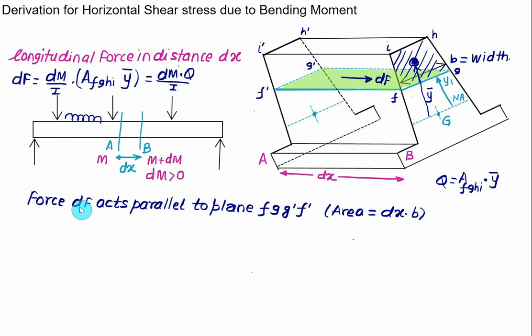So dF is acting parallel to the plane, so that will develop the shear stress. So we have shear stress tau equal to dF divided by this area. Let's substitute here for dF. We have dF equal to dM multiplied by Q divided by I. The area is dx multiplied by b. So I will write b here, and I will club this term dM by dx because this term is familiar to us.